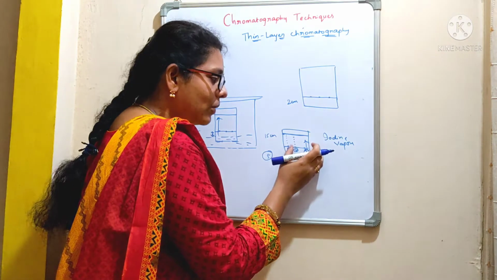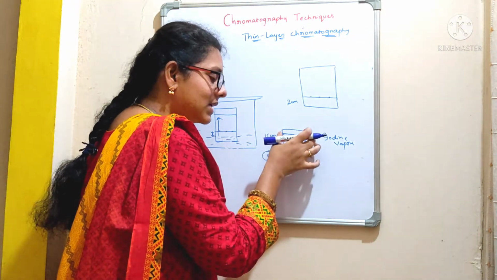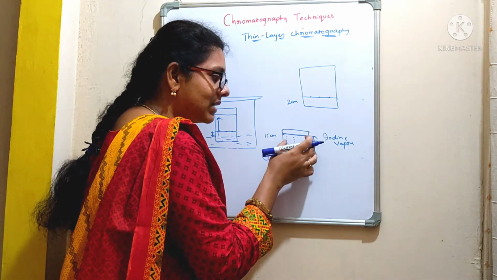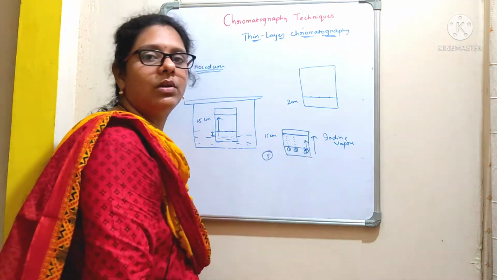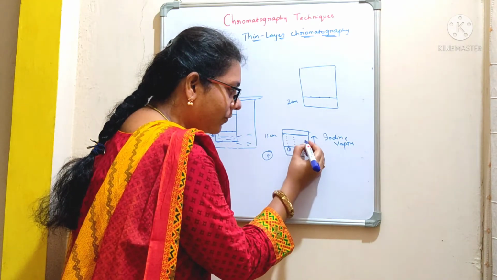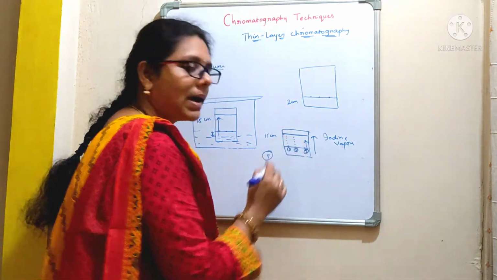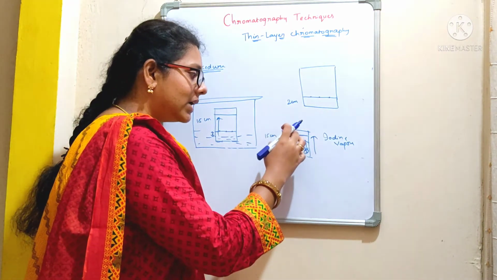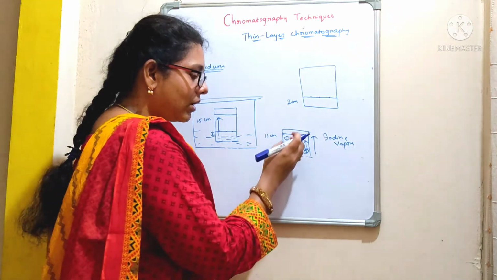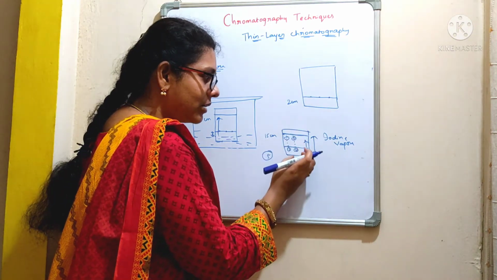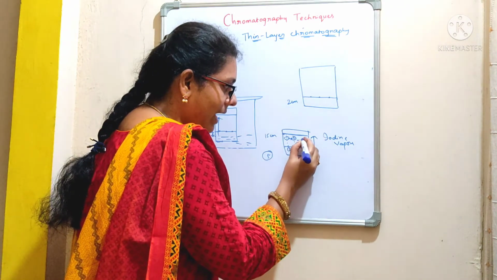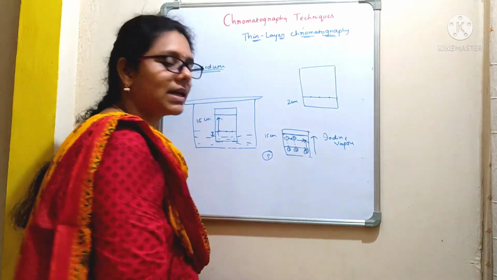So you are going to measure the distance that is traveled by the solvent, and at the same time you are going to measure the distance that is traveled by the solute. Now you are going to compare the RF value of the standard with the actual samples, and you are going to identify the compound of interest. So your compound is present in sample 1 and your compound is present in sample 2, which is exactly matching with this standard sample.